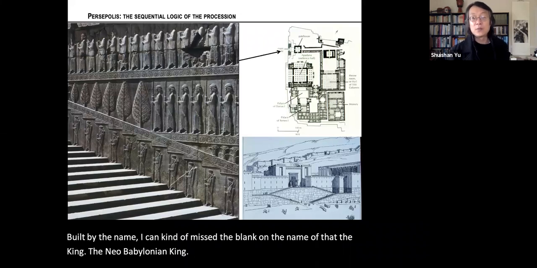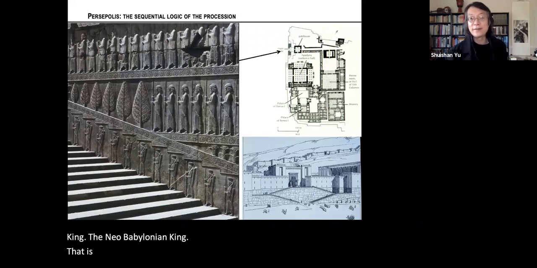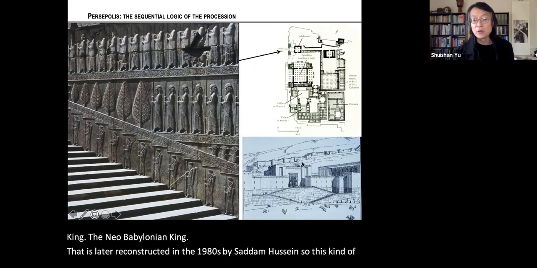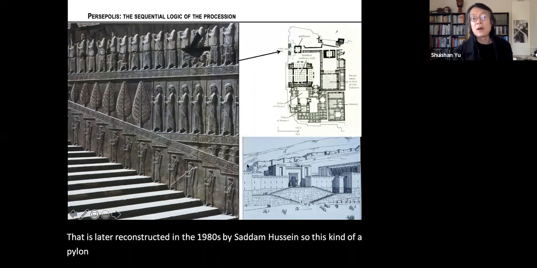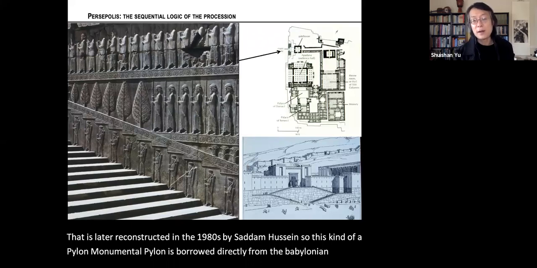That was later reconstructed in the 1980s by Saddam Hussein. So this monumental pylon is borrowed directly from the Babylonian type, which is also connected with the previous Assyrian ones.